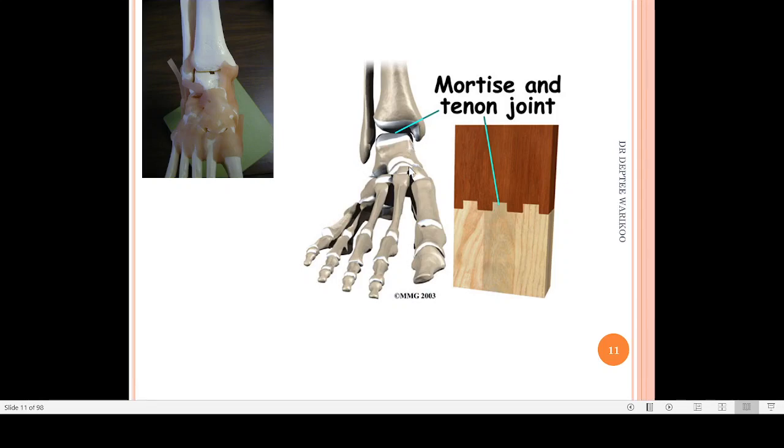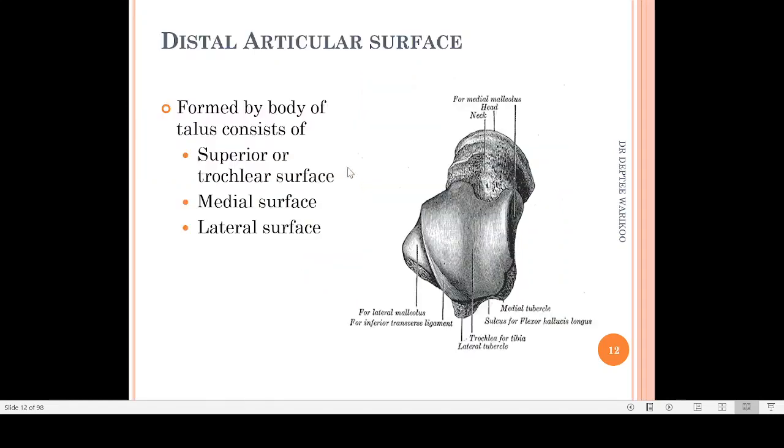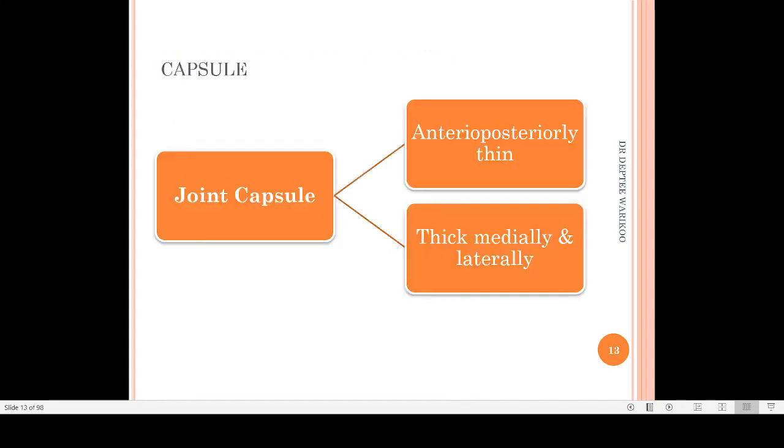You could see it here. The structure of the distal tibia and malleoli resembles and is referred to as your mortise. Then the distal articulating surface is formed by body of the talus, which consists of superior or trochlear surface, medial surface, and lateral surface.